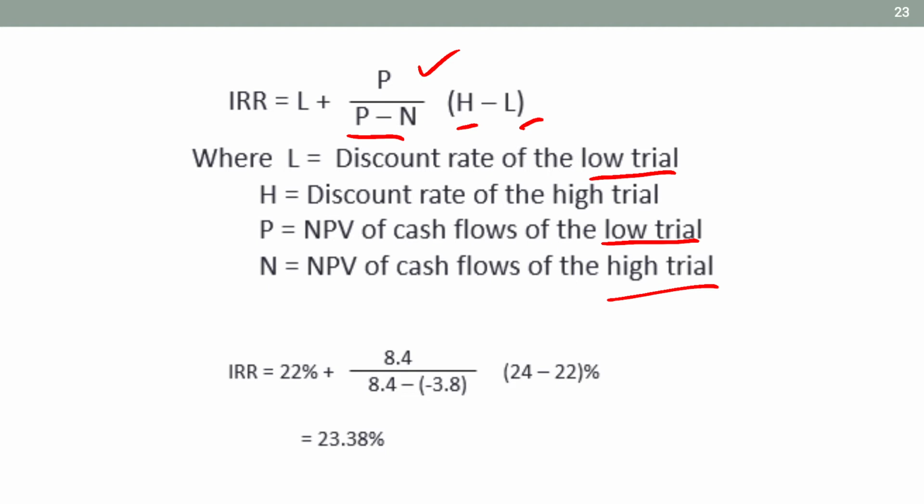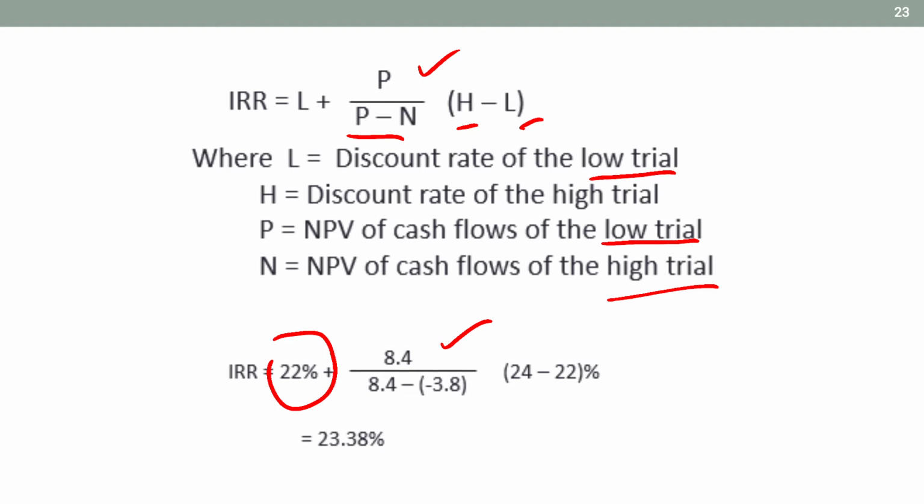So accordingly, low discounting rate is 22% plus low trial NPV value, the positive value 8.4, upon the 8.4, low trial NPV, minus N, the high trial NPV, that is minus 3.8, right?